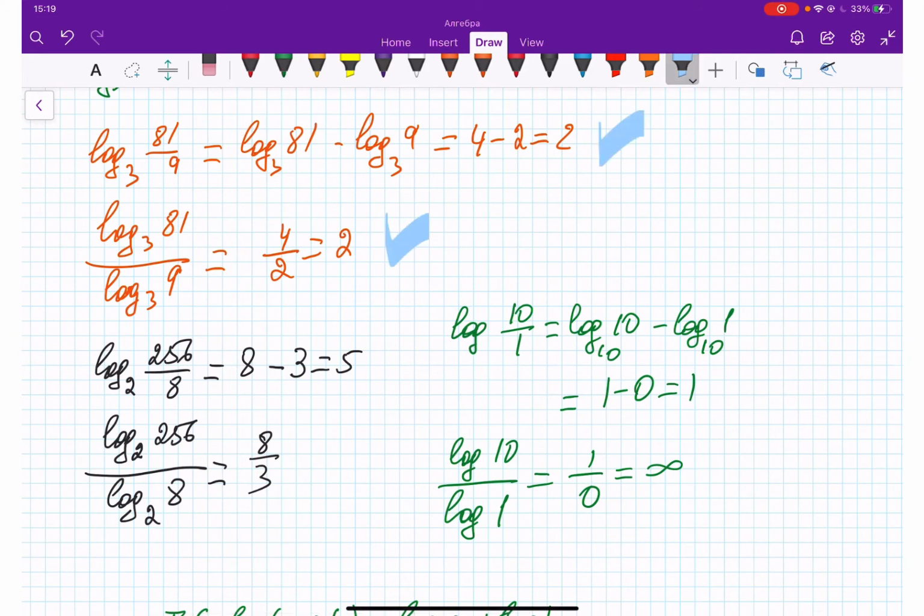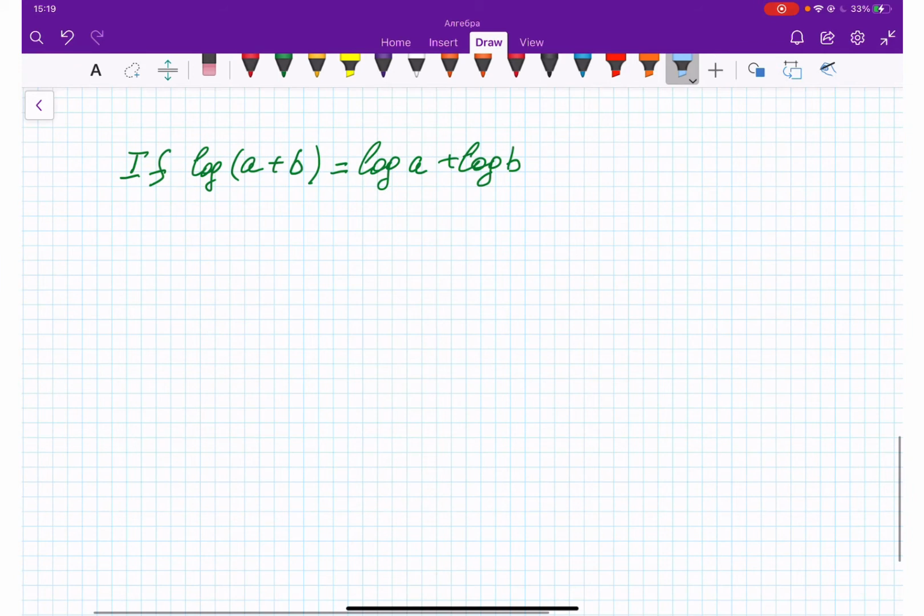The same coincidence can be here. If this equation is equal, but let me repeat myself, based on property it is not equal, usually.